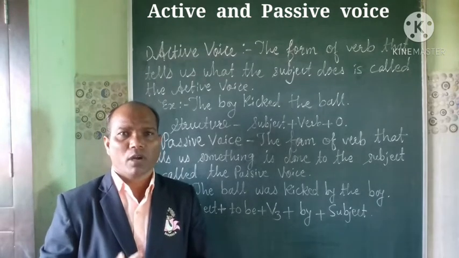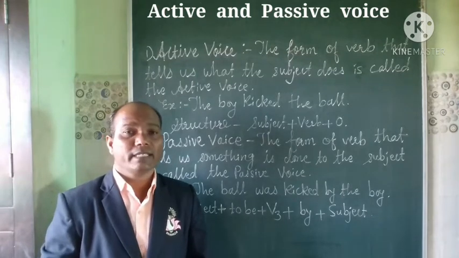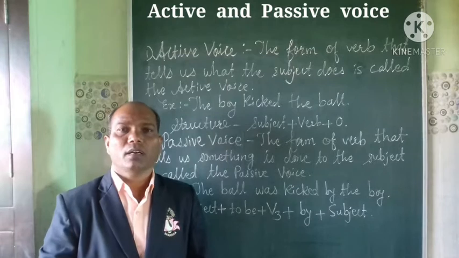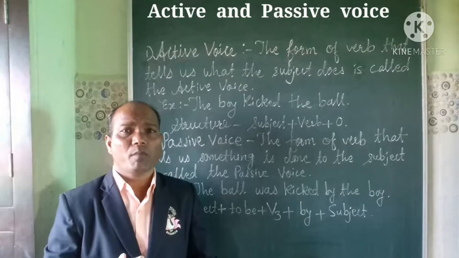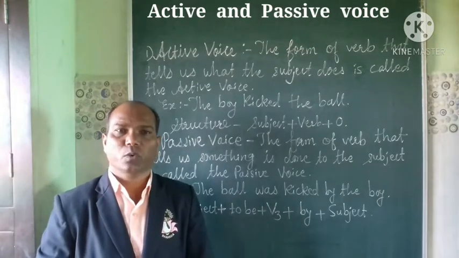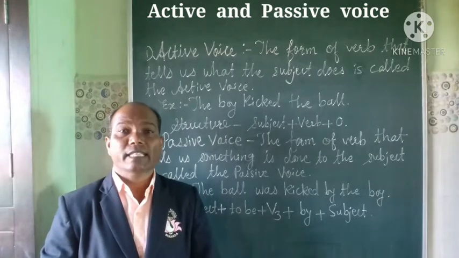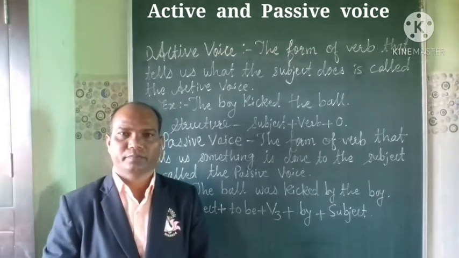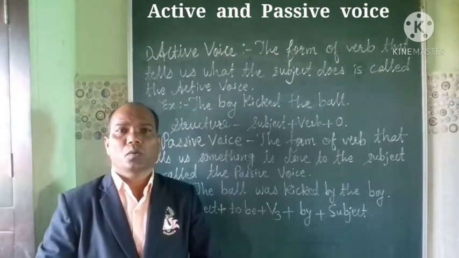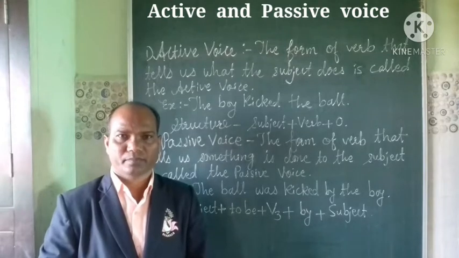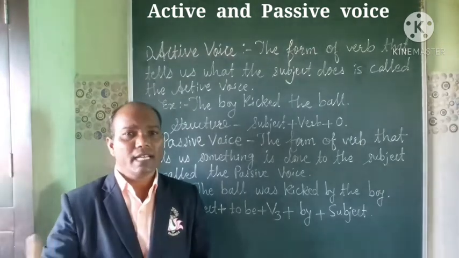So dear students, verb expresses action. It tells what a noun or pronoun does, or what is done to a noun or pronoun. So, voice is that form of a verb which shows whether the subject does something or something is done to the subject.